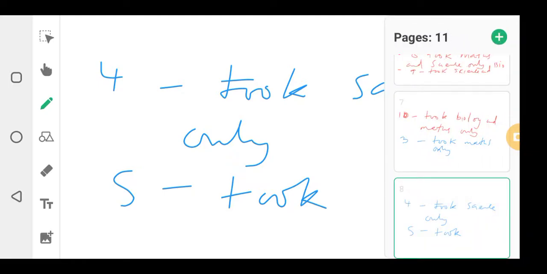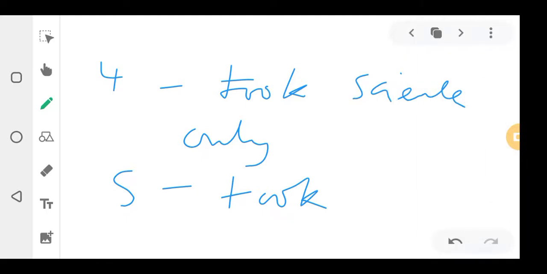We said 3 took maths only, 4 took science only, 5 took biology only. So 5 took biology only. Okay. So you are supposed to put these details in that Venn diagram.